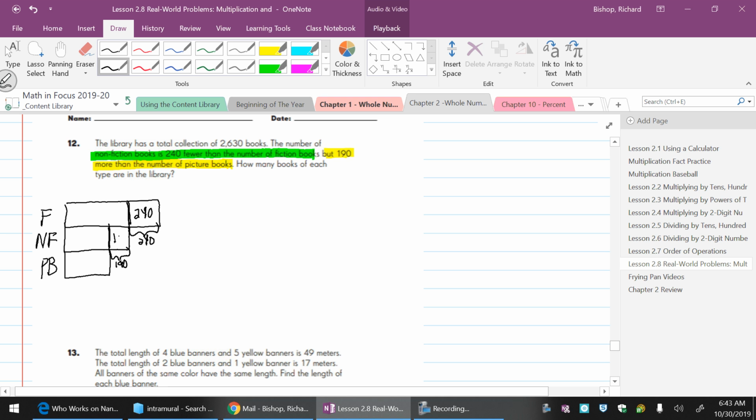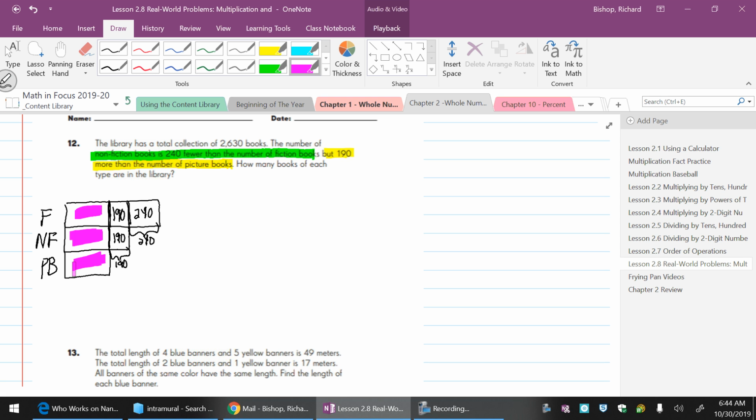So kind of looking at it like this, it's 190 more than the number of picture books. And then I can see that that space is the same as that space right there. So what I'm really gathering here is that I have unequal parts, but I do have a couple of equal parts here. These now are going to look like equal parts when I put it all back together again.